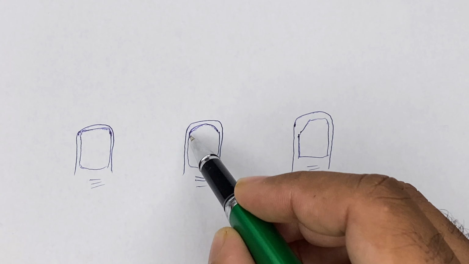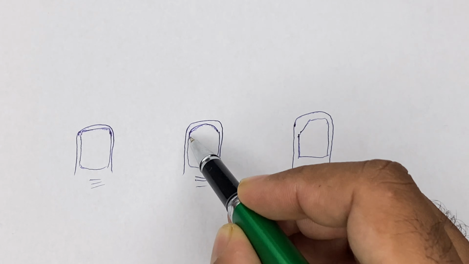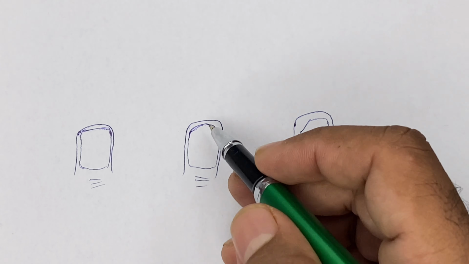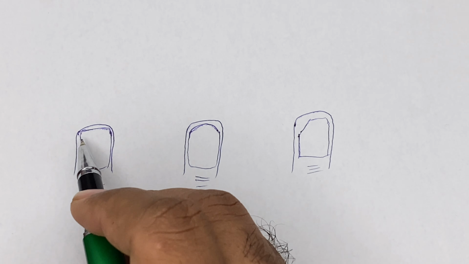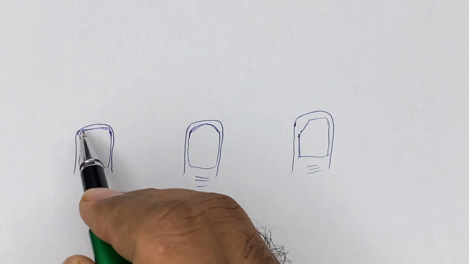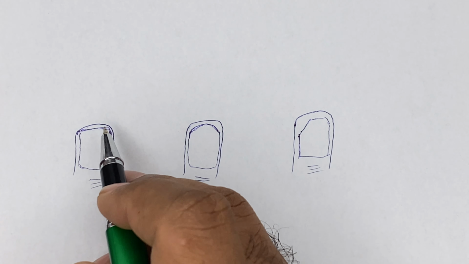Usually the nails are trimmed in a curvilinear fashion. So if you want to avoid ingrown nails, it has to be trimmed in a straight, linear fashion. So it should be straight across.